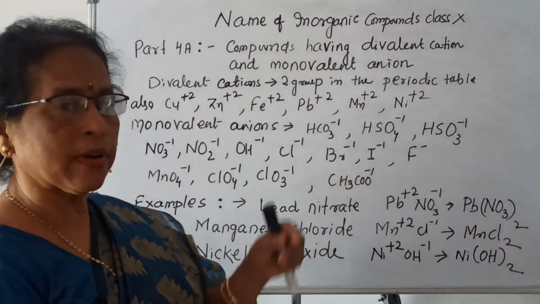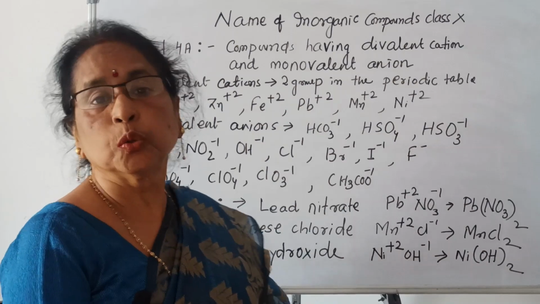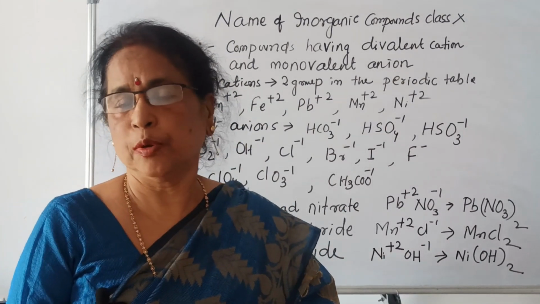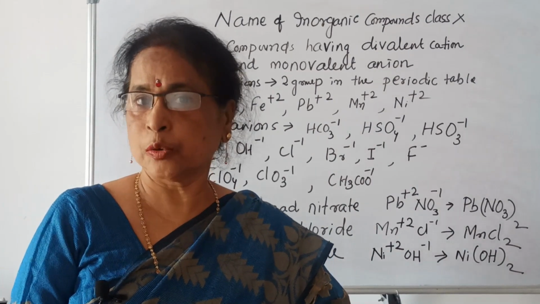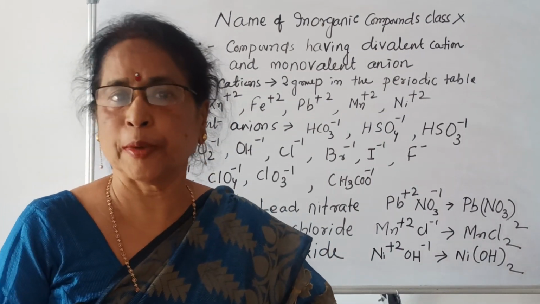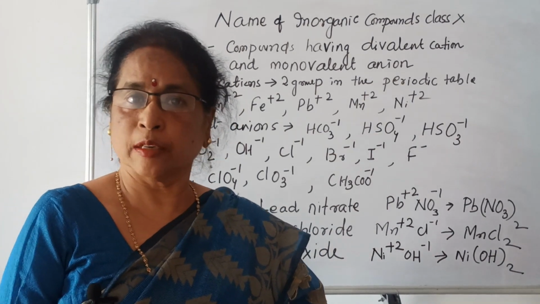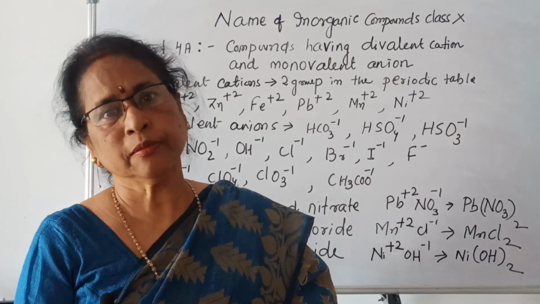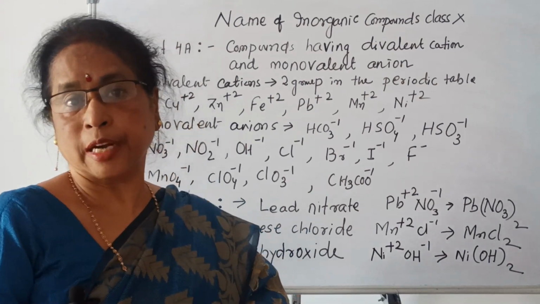Generally, a divalent cation, that is a plus 2 charge, belongs to group 2 elements in the periodic table. Now you know the elements in the second group: magnesium, calcium, strontium, barium, radium.